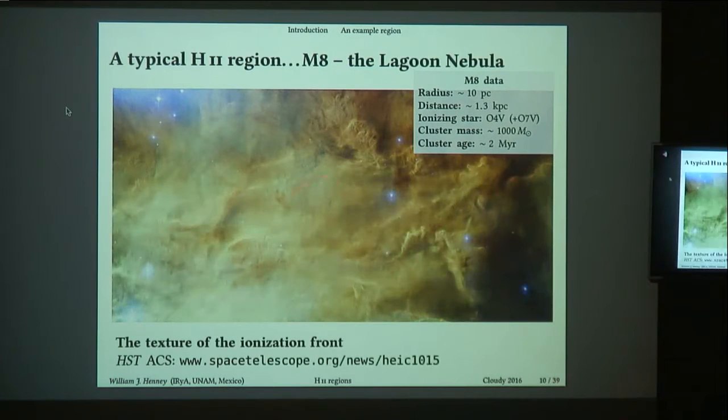When you zoom in even further, you start to see the texture of the ionization front. You do see structure almost down to the limit of what we can resolve with even the HST. But although there is interesting structure down at these small scales, the amplitude of the fluctuations of brightness at these small scales is in fact quite small.